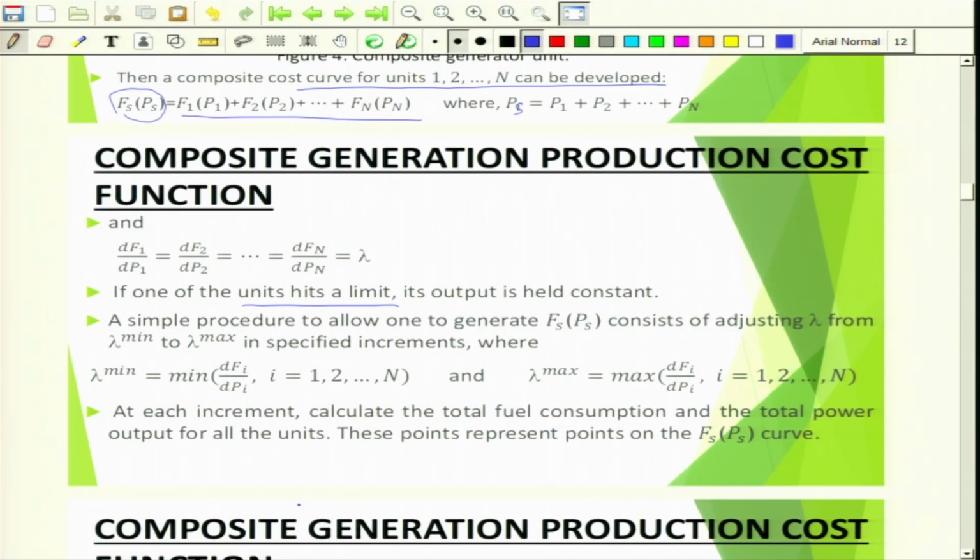A simple procedure to generate Fs of Ps consists of adjusting lambda from lambda minimum to lambda maximum in specified increments, right, where lambda minimum is equal to the minimum of all the lambdas. That means each individual generator has its own lambda minimum and lambda maximum that I have discussed in the first part of the discussion, right.